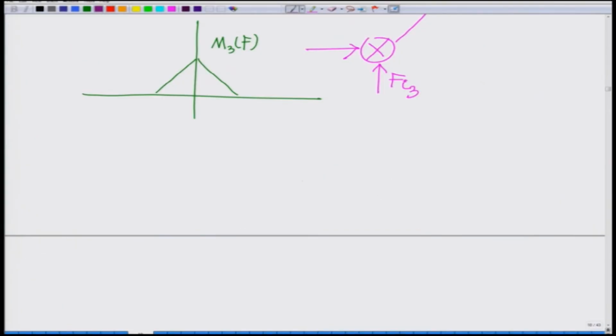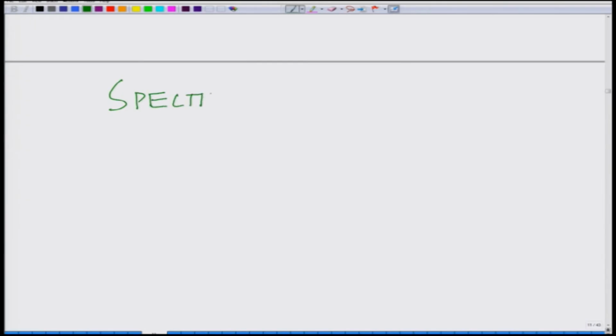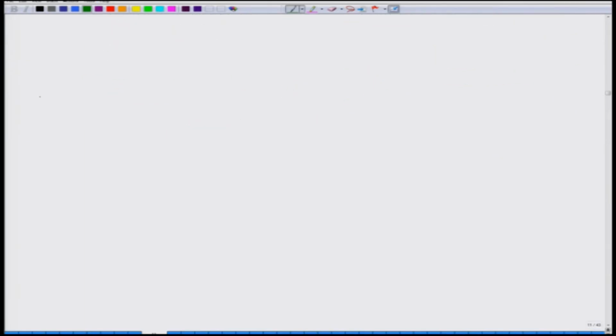Okay. So the spectrum of the combined signal will now look as follows: the composite signal spectrum. If you look at the spectrum of the composite signal, it will look as follows.